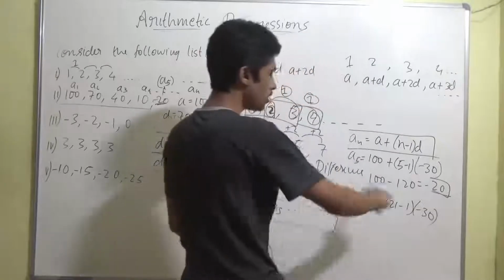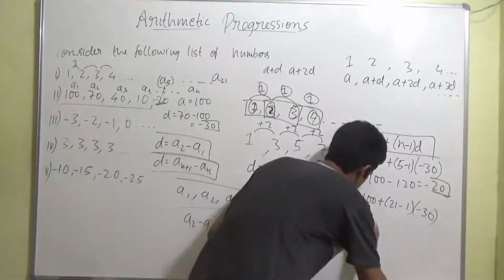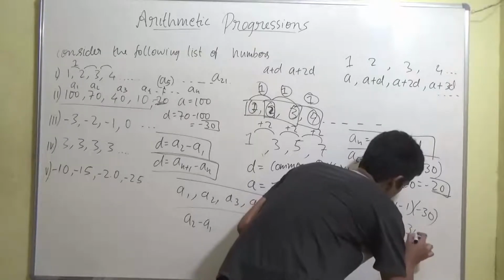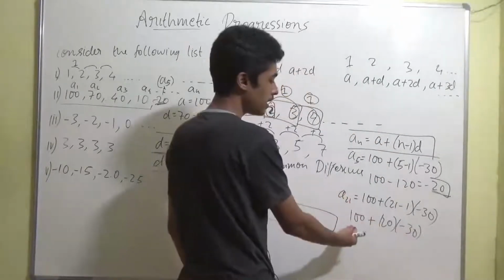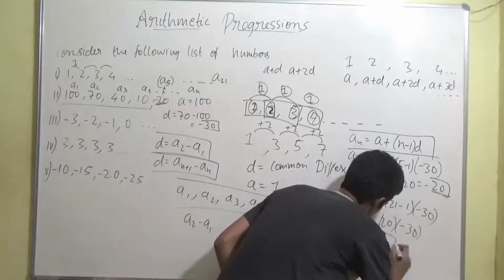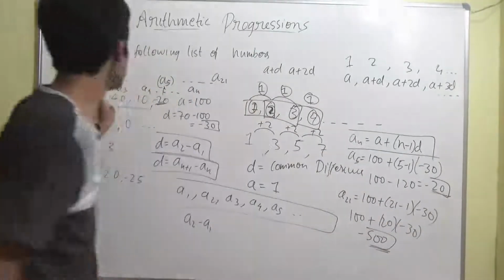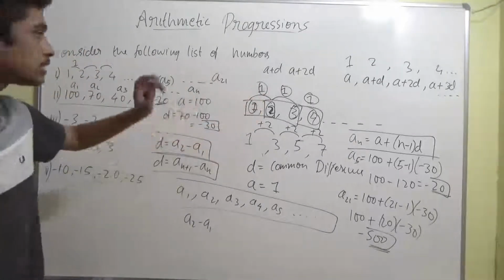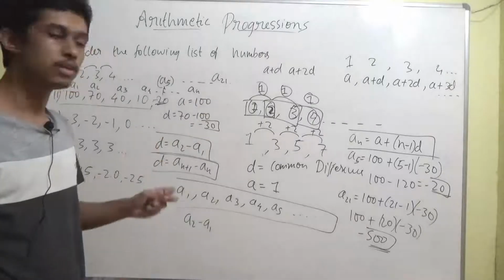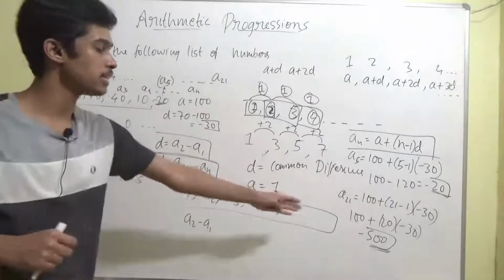If you solve this, it becomes 100 plus 20 into minus 30, which is minus 600. 100 minus 600 is minus 500. So the 21st term in the series is minus 500.